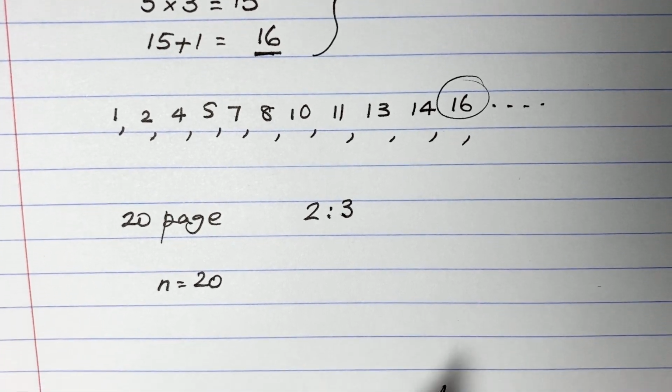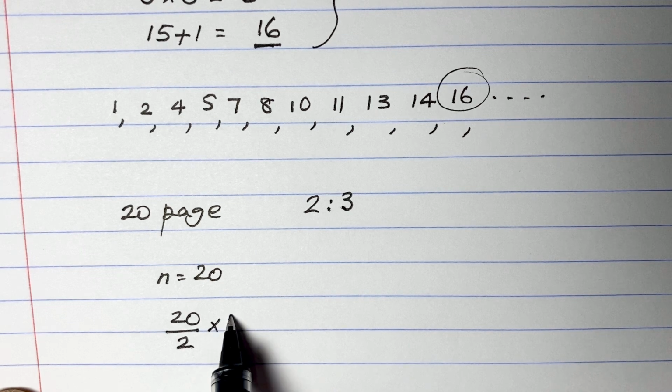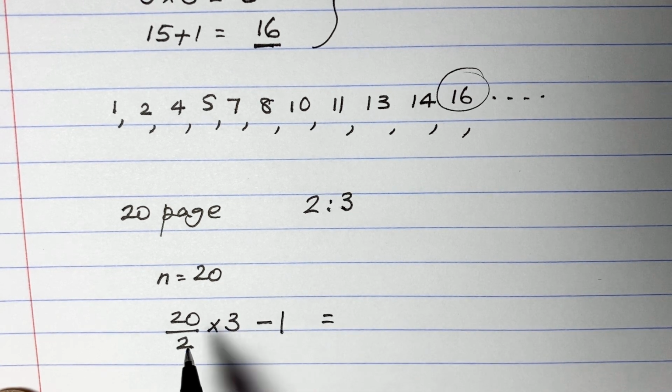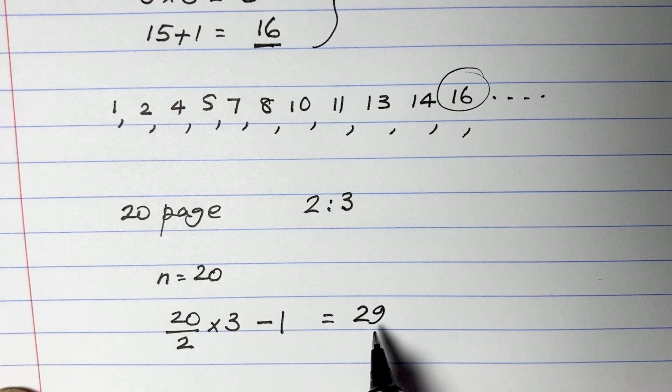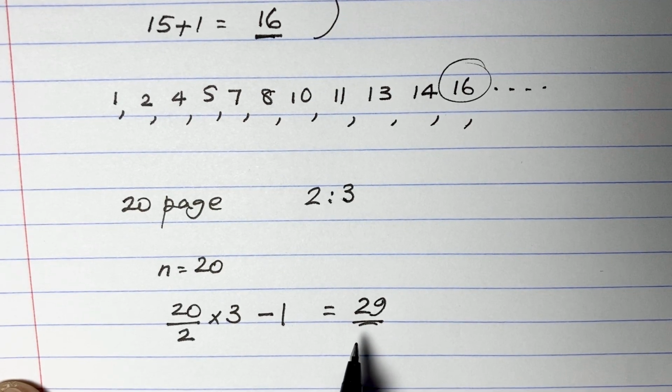Because it's an even number, I can easily divide by 2. Divide by 2 times by 3. Remove 1. So 20 divided by 2 is 10, times 3 is 30, remove 1. So the 20th page would be numbered as 29.